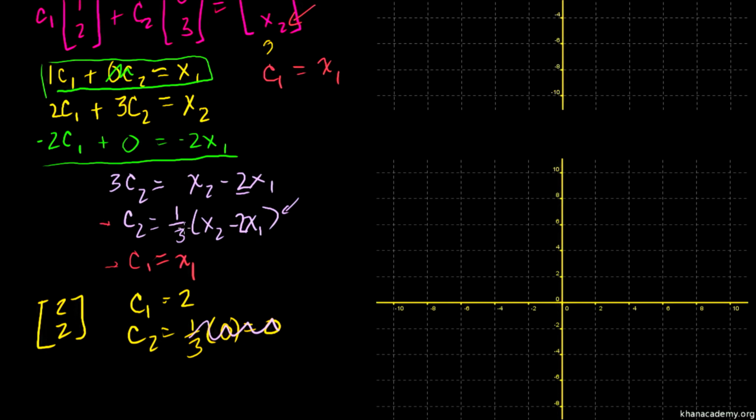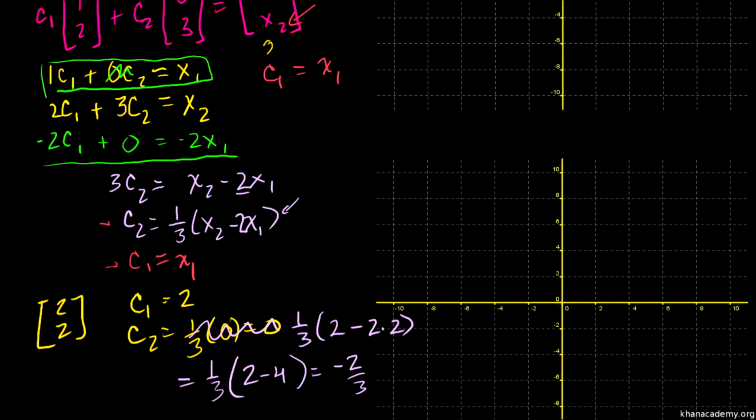So let's go to my corrected definition of C2. C2 is equal to 1/3 times x2, so 2, minus 2 times x1, so minus 2 times 2. So it's equal to 1/3 times 2 minus 4, which is minus 2, so it's equal to minus 2/3.